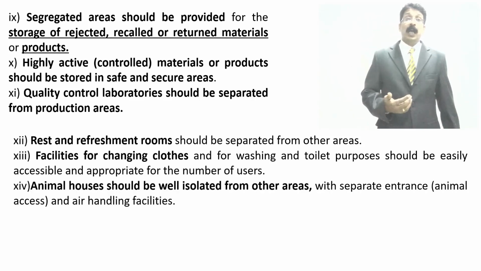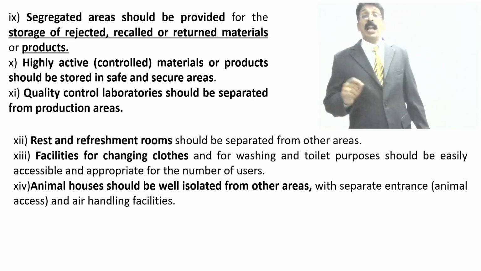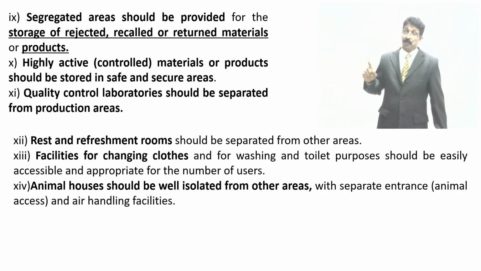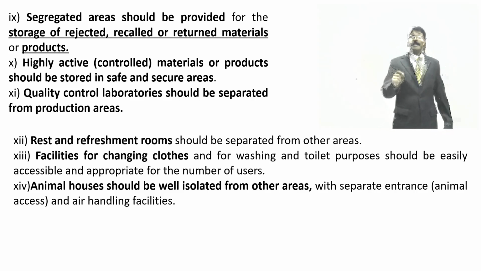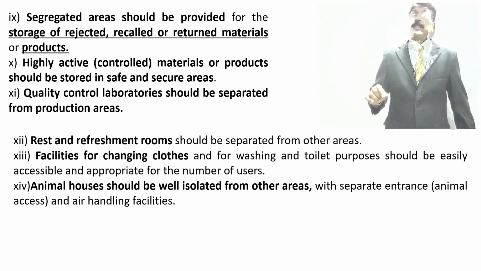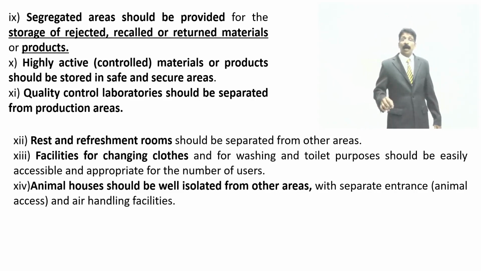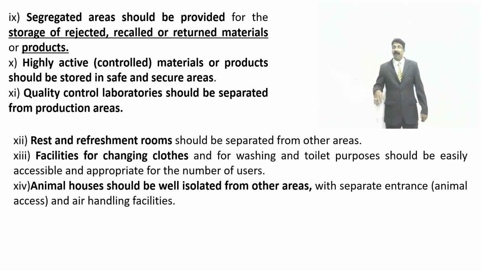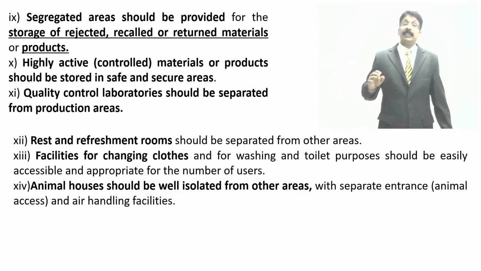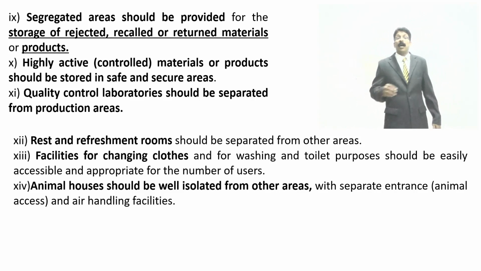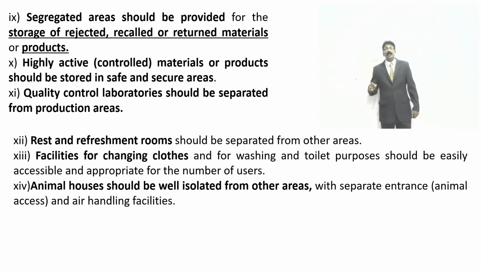An animal house should be well isolated from the other areas. Usually research and development will be there in every pharmaceutical industry, and for every test they need animals for their standardization tests. So for a pharmacological test, if you have experimental animals, albino rats, albino mice, guinea pigs, rabbits, these animals should be kept in an isolated area, away from the production area, with a separate entrance for animal access.